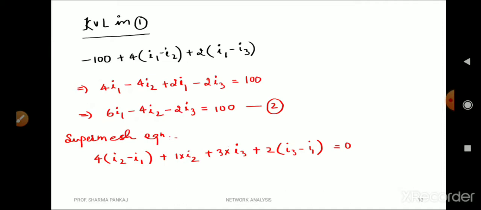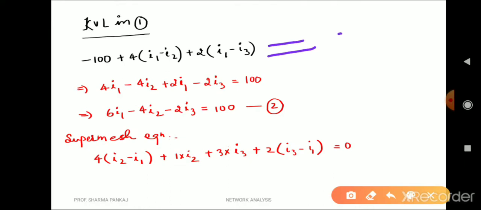I forgot to write 0 here. This is the complete KVL equation in mesh number 1. Rearrange this equation and solve it. This is equation number 2, which is 6I1 minus 4I2 minus 2I3 is equal to 100.